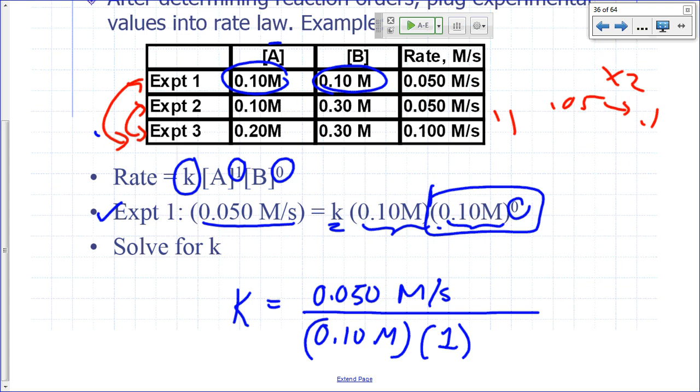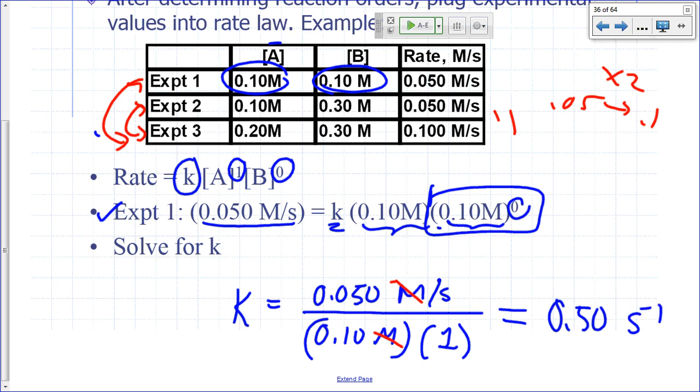That's just 1, right? It doesn't depend on B. So this gives us how much? 0.05 divided by 0.1. It's going to be 0.5, right? 0.50. What happens to your moles per liter? Cancels out, right? So the unit here is just per second.